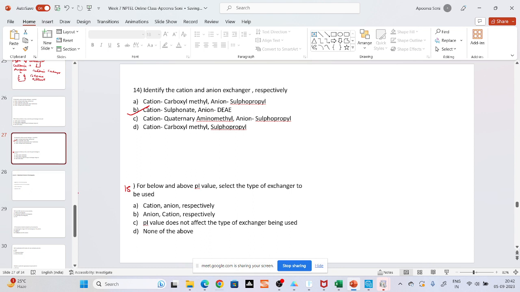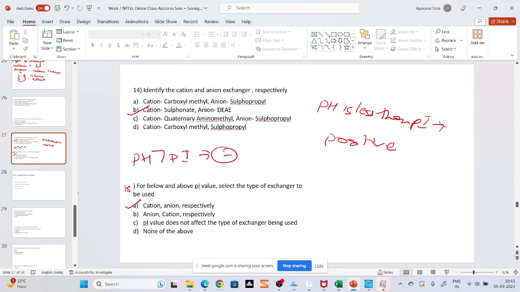There is a general rule: whenever we talk about proteins and pH, if the pH is less than pI, then we impart a positive charge. If pH is greater than pI, then we impart a negative charge. This is a thumb rule. You have to remember.